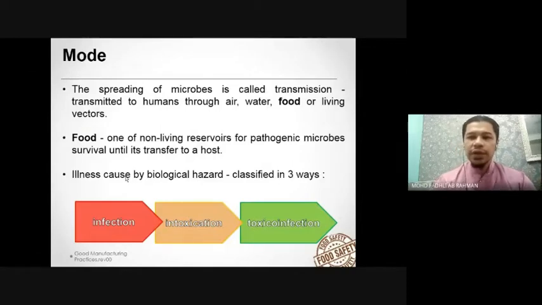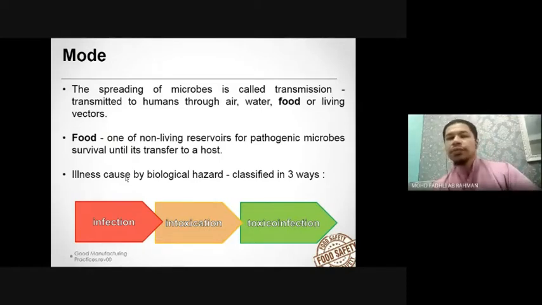So we start with the mode, or the way of this microorganism being classified. As we discussed earlier, the spreading of microbes is called transmission. One of the elements in the chain of infection is mode of transmission, whether through air, through water, directly or indirectly, and also through food.